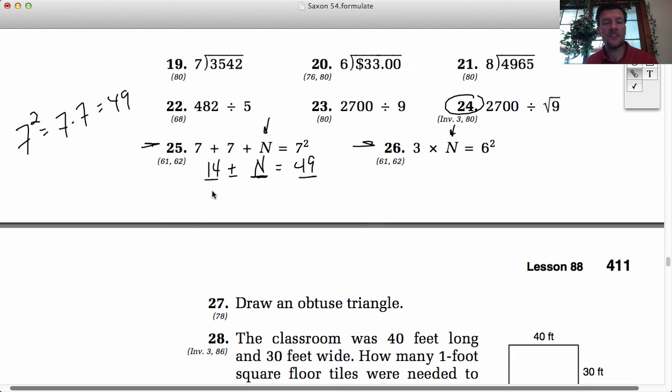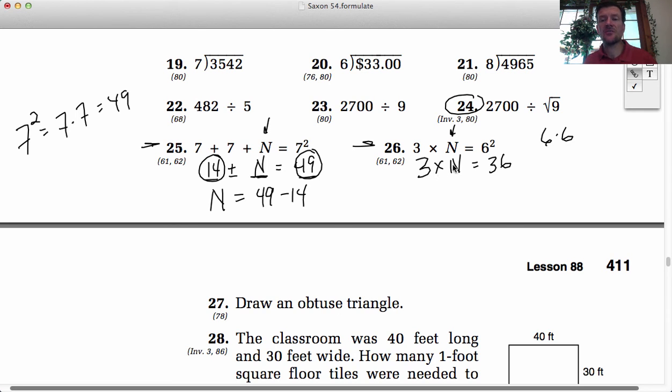What plus 14 is going to give me 49? Well, another way to think of it is 49 minus that 14 will give me the missing number. Okay? Over here you've got 3 times something is equal to 6 squared. 6 squared means 6 times 6, which is 36.